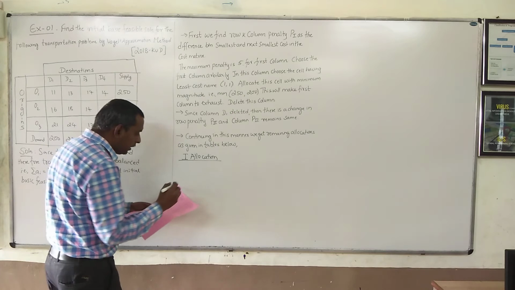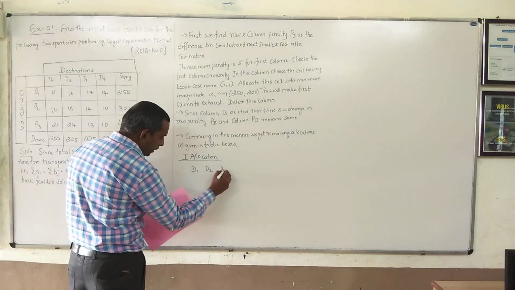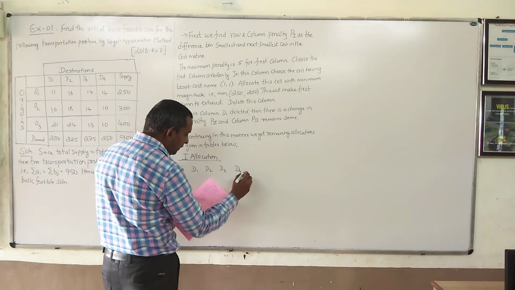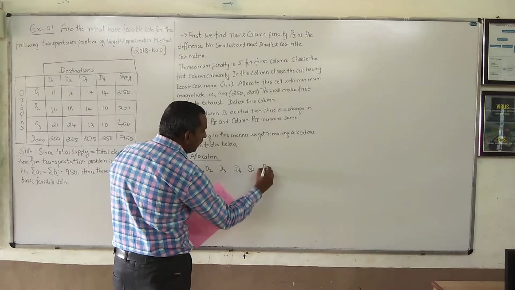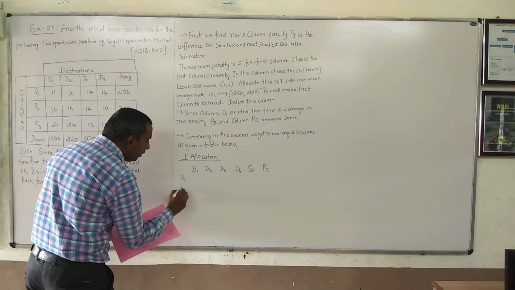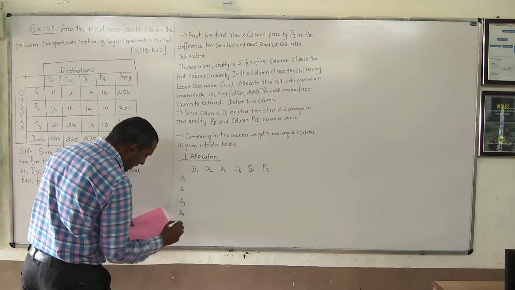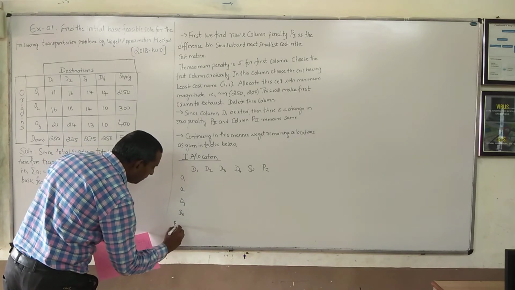In the first allocation, it is D1, D2, D3, D4, and supply and P1. Here it is O1, O2, O3, demand, and here also P1.